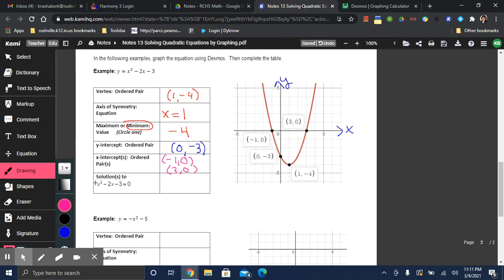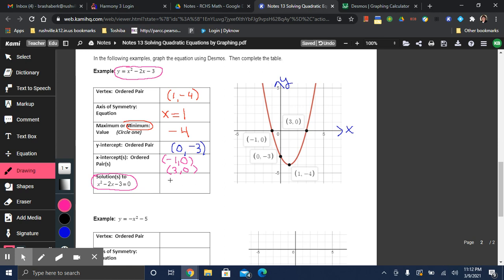And then I wanted you to notice that we have this equation of x to the second minus 2x minus 3 equals 0. Well, that is this equation, except instead of y equals, we have 0 equals. When we set this equation equal to 0, we could factor it. We do know how to split the middle and factor it.